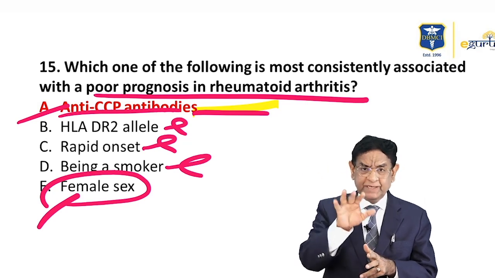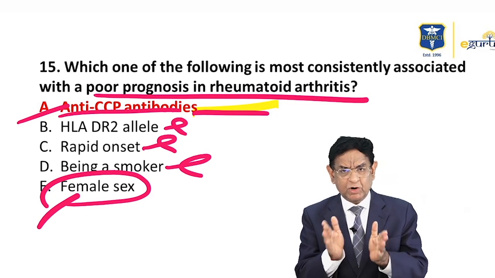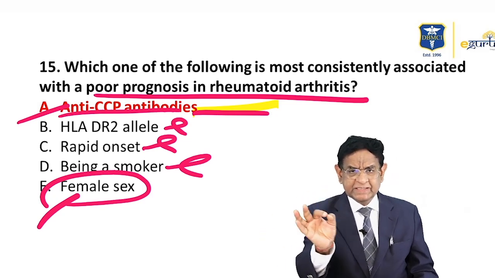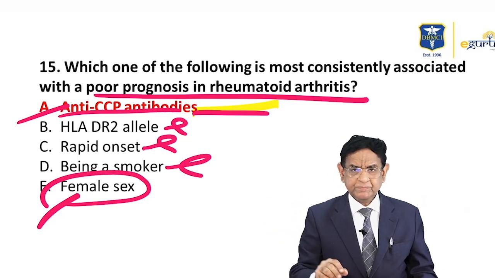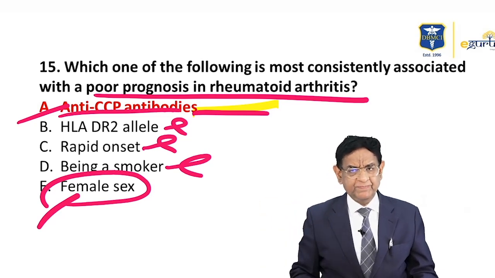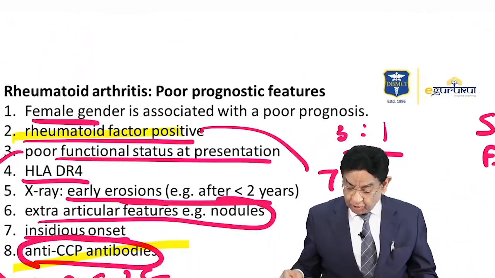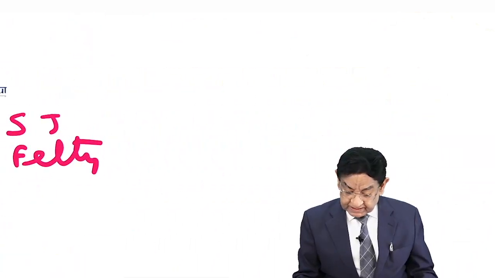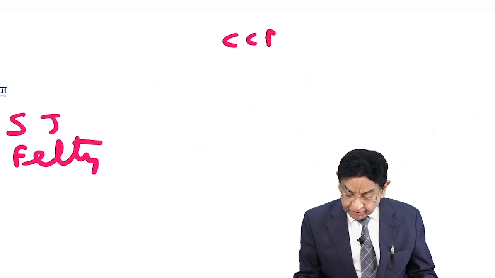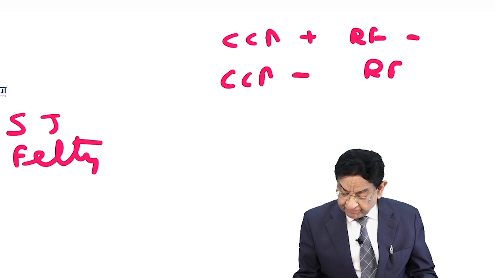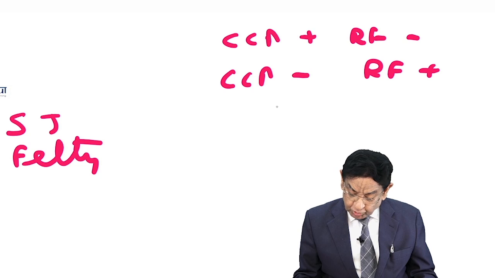And one more thing, suppose the question is, which of the following is a poor prognostic factor? The options are like this: CCP antibody positive but rheumatoid factor negative; CCP antibody negative but rheumatoid factor positive; both are positive.